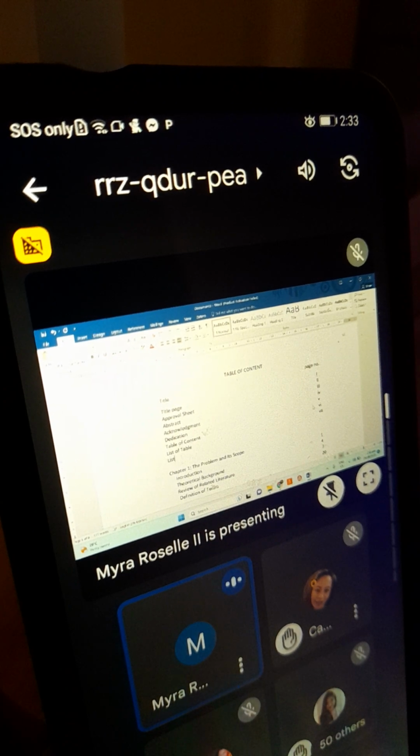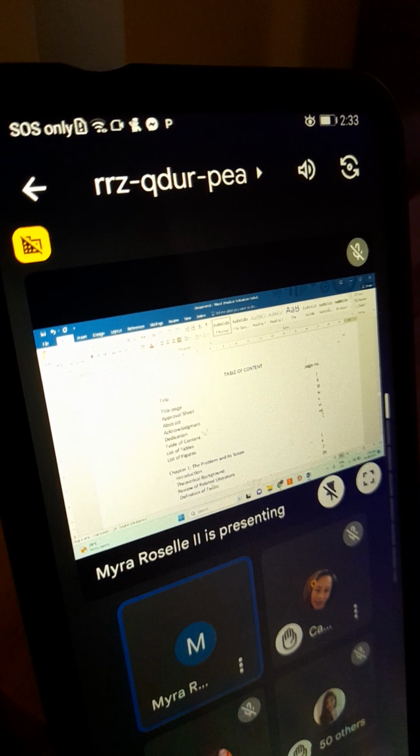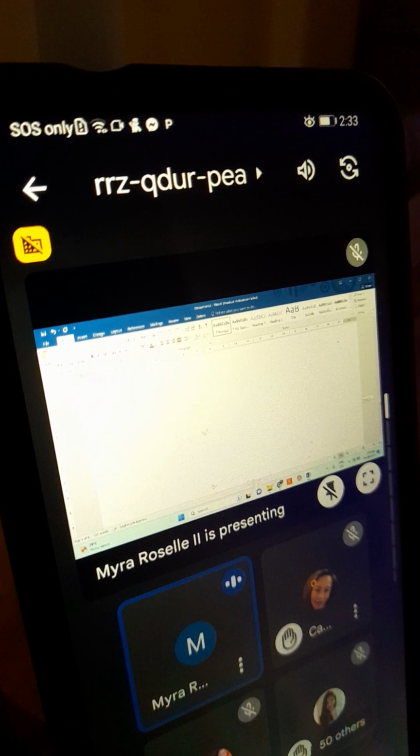And then, list of figures, which is page 8. Okay. So, mao na ni inyong preliminary page dapat. Ingani na ang format sa inyong page 8. Align, align, align. Okay? Kuha na.